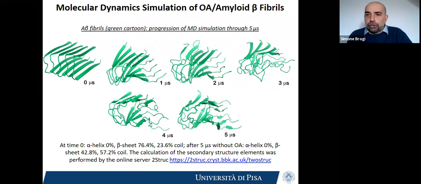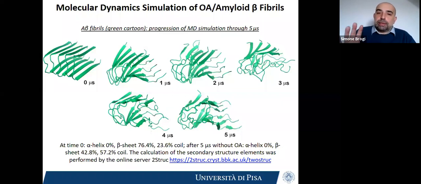This conformation was also observed by other researchers when the amyloid beta is alone in a system, also in physiological condition. So this computational data is in agreement with the experimental one that demonstrated this change of conformation from the U shape to the S shape.